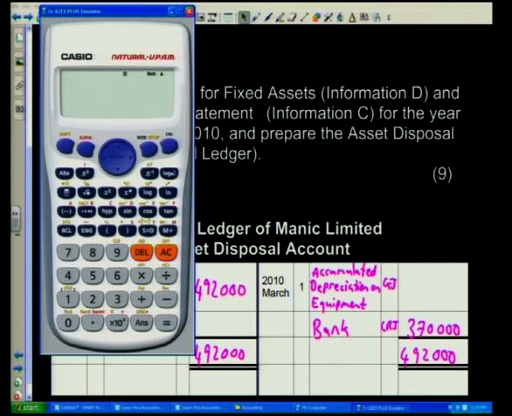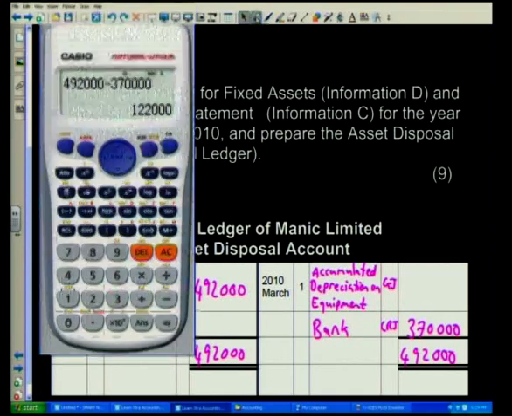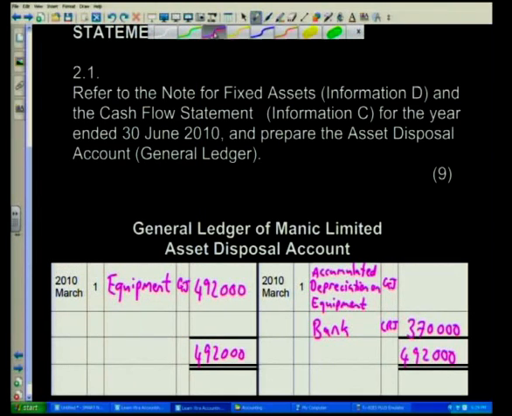We just take this left-hand side of 492,000 and we subtract the bank amount of 370,000, and we will see that we have accumulated depreciation of 122,000 Rand. If we fill it in here, then our question is done and we've earned ourselves those 9 marks.